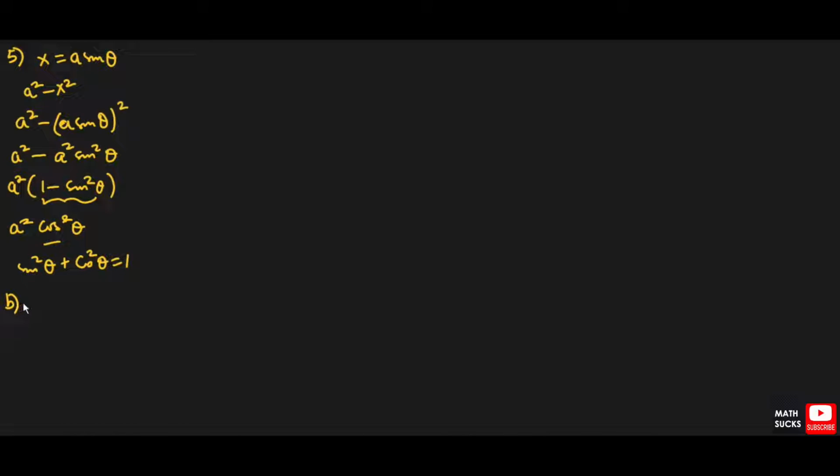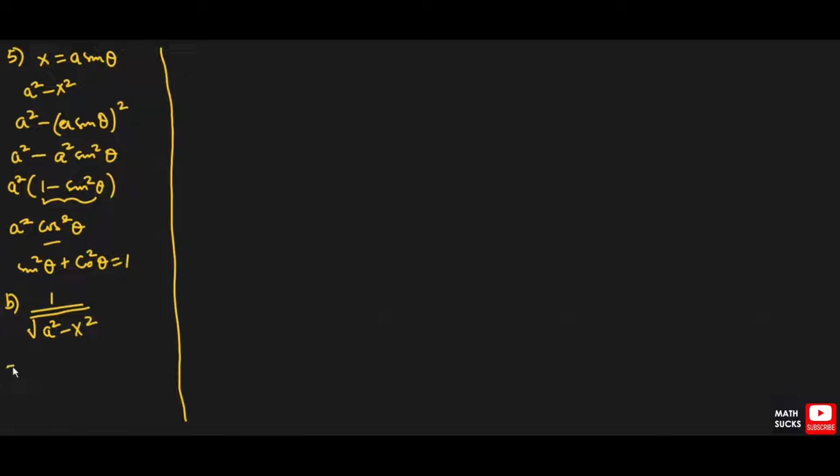Part B says simplify 1 over square root of a squared minus x squared. So we can just borrow the upper part, which we have already reduced to this format, to avoid wasting a lot of time.